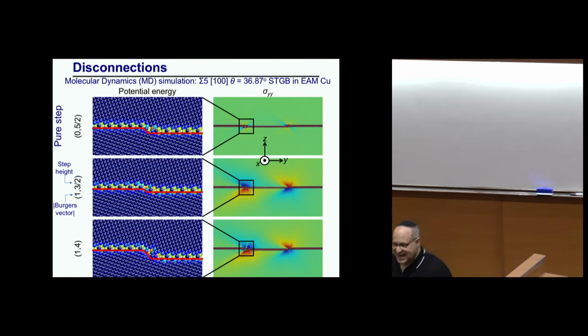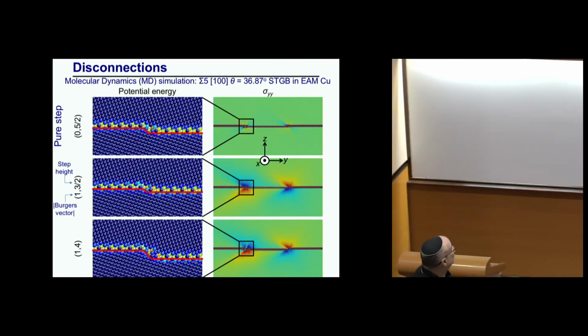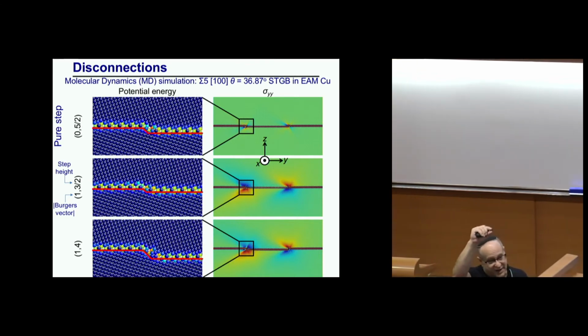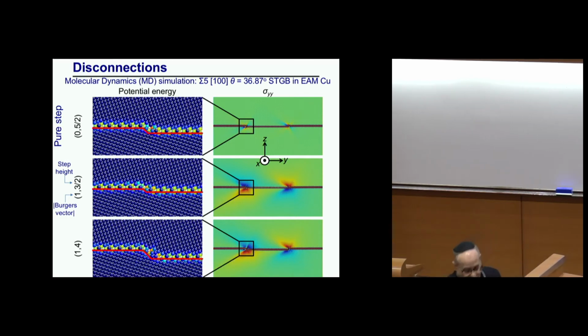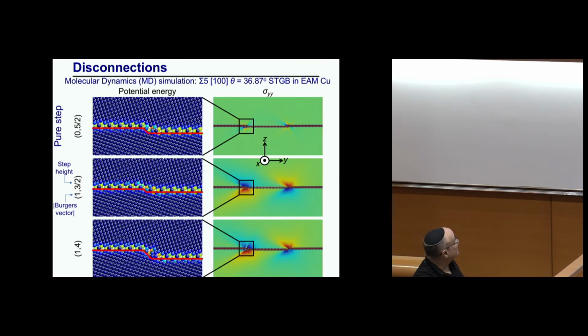And just some quick atomistic simulations. So this is the magnitude of the Burgers vector, the first number here, and the step height is in these numbers here. What I want to point out to you is just like in the surface, I can have steps of size 1 atomic spacing or 2 or 3 atomic spacings. So too, disconnections can have steps of different height.